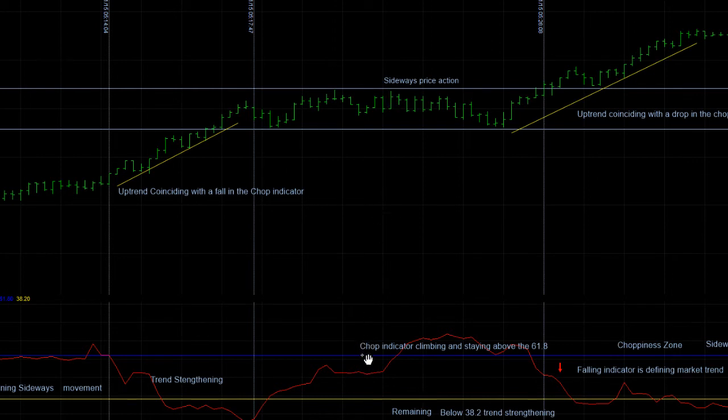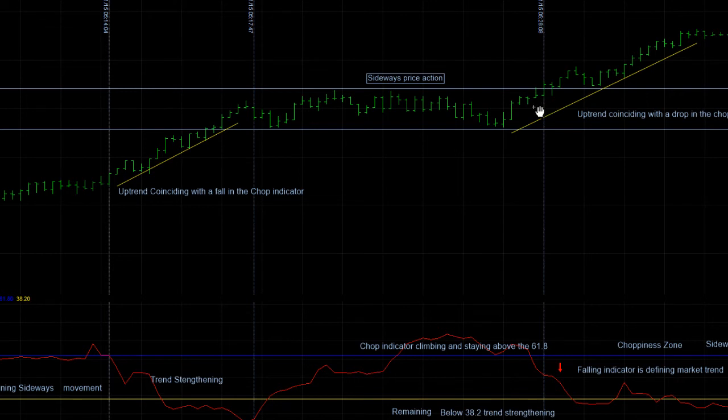Now remember that once we start pushing up to the 61.8, we're identifying sideways price action. So this indicator can do a really good job of identifying periods of consolidation and periods when the market's moving into a trending environment. As you can see again, we get a bit of a sideways run, and then out of this sideways choppy price action, we get a breakout.